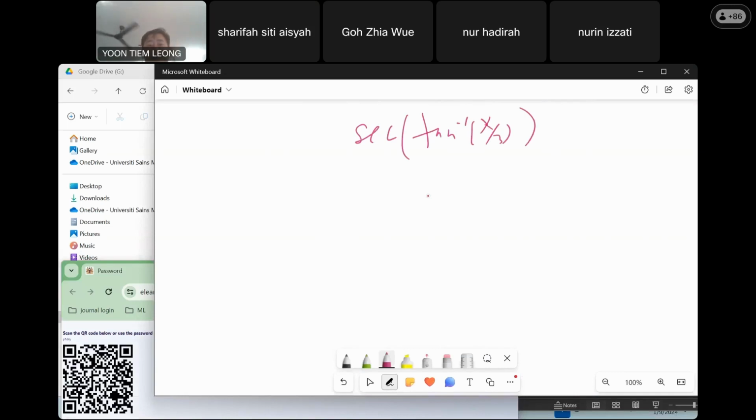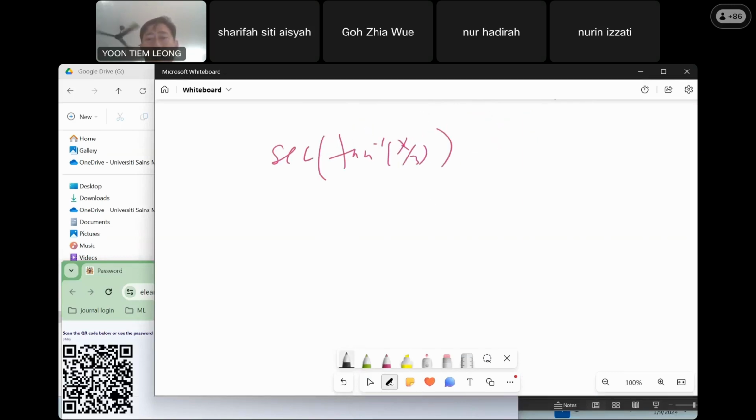So this is the trigonometric function of secant, where the argument of the secant should be an angle. Arctangent x over 3 is an angle. Therefore, we invent a symbol to represent the angle that is in the argument of the secant function. So I'll call this alpha as arctangent of x over 3.